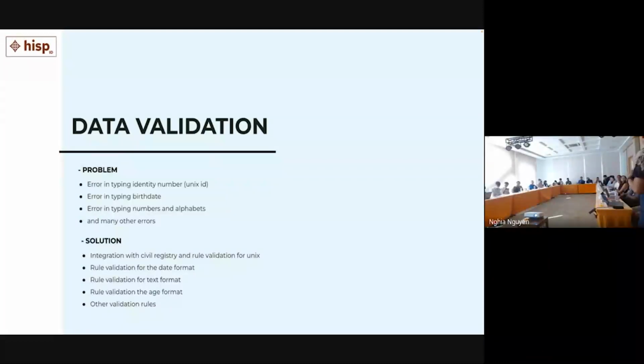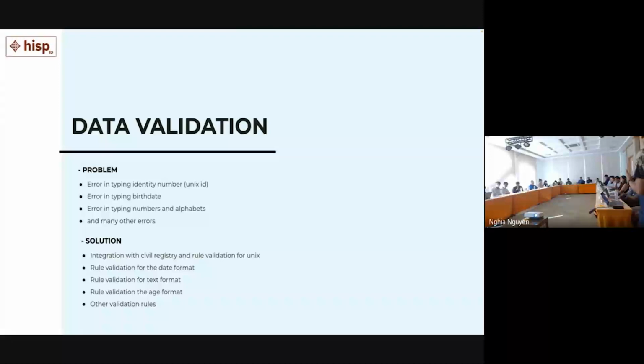We integrated, so we don't need to input much data again, like the personal data, like the name. They just put in the unique identity and get all the data, like the age, number, and where they live, and many other things in there.